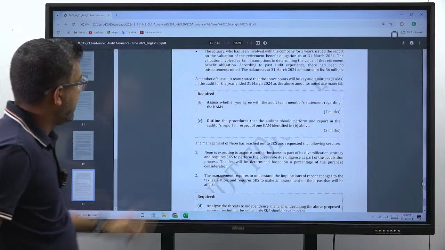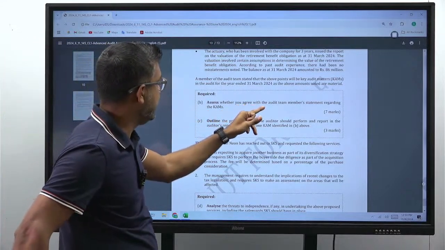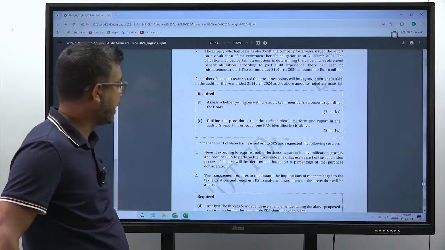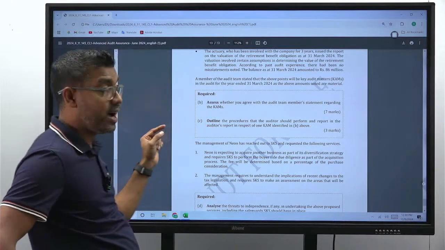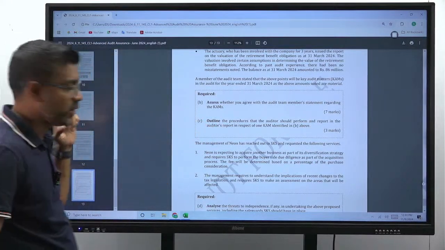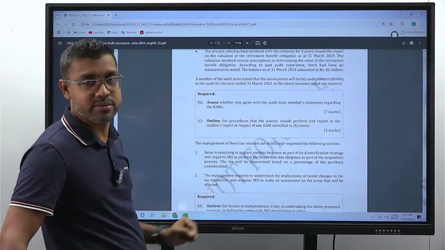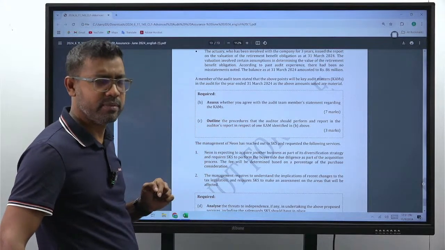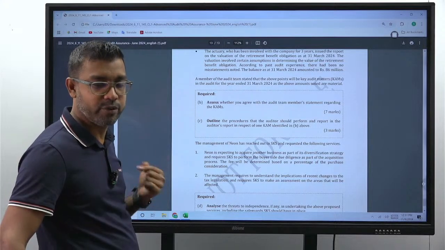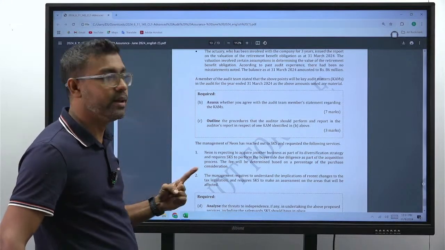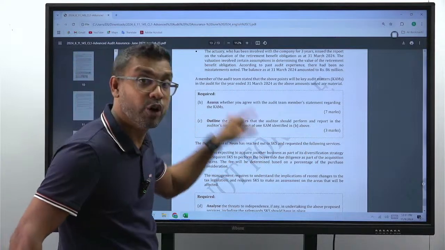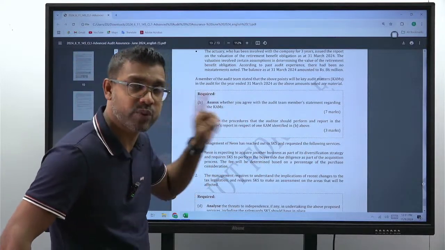Second one, assess whether you agree with the audit team's statement regarding CAM. Outline the procedures. Procedures, that's what we are talking about. There is no audit paper without this word. For 3 marks, the examiner wants you to write audit procedures. That's what I am going to explain now.